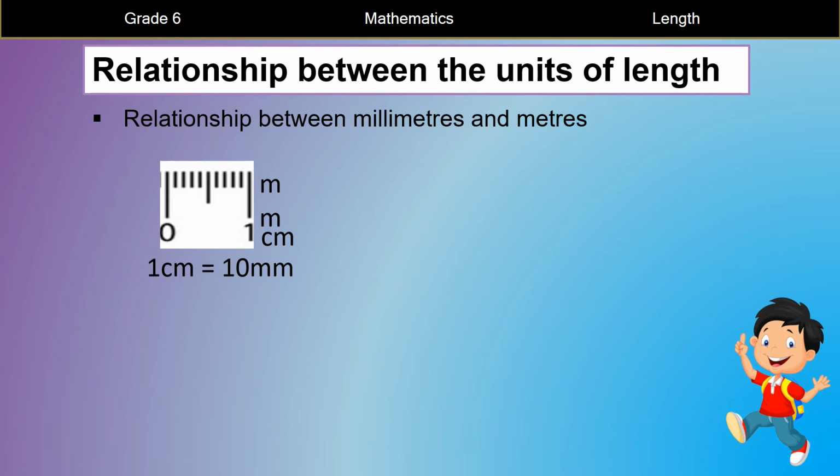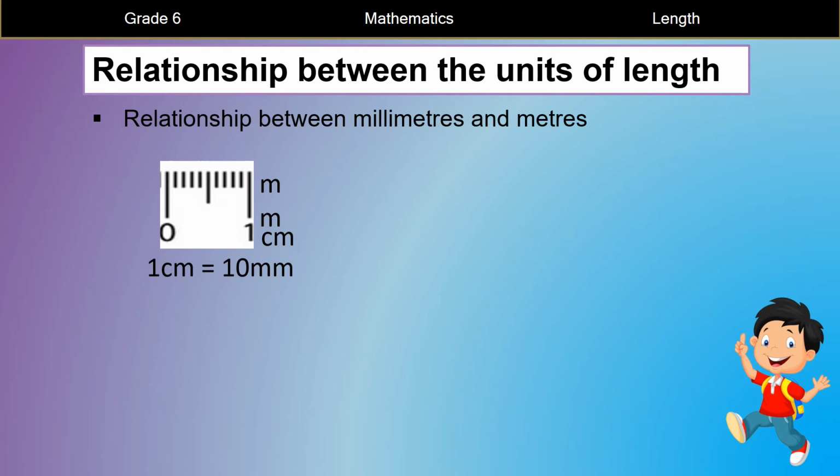Because of those small lines, the distance between 0 and 1 is separated into 10 small gaps. The distance of one such gap is called a distance of 1 millimeter.